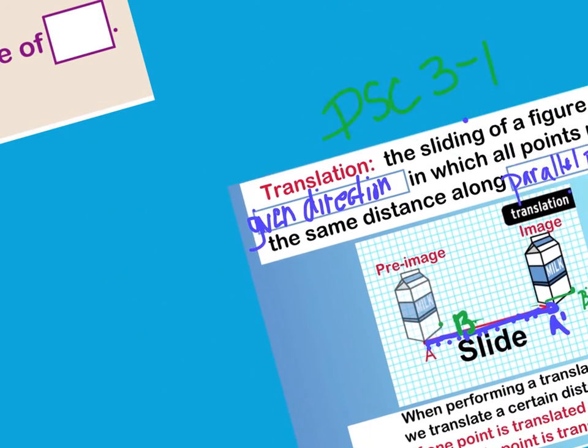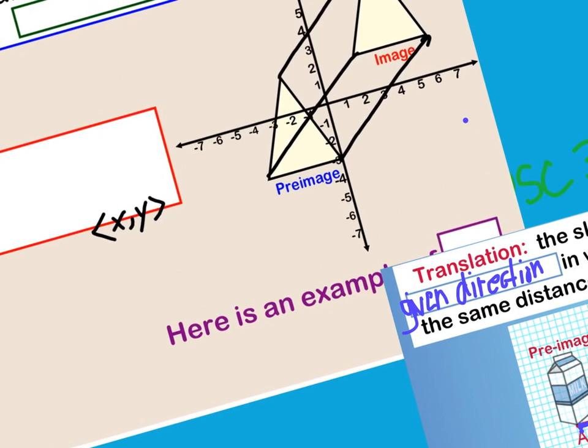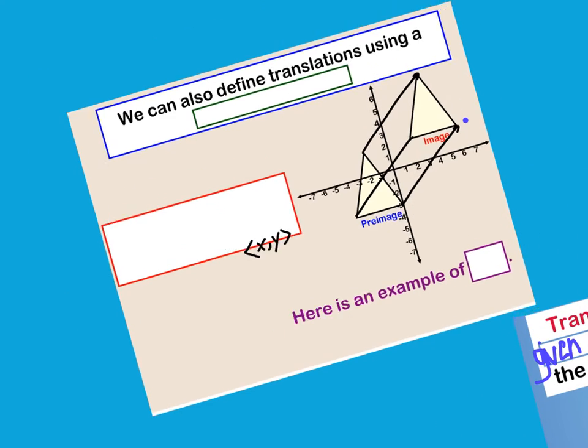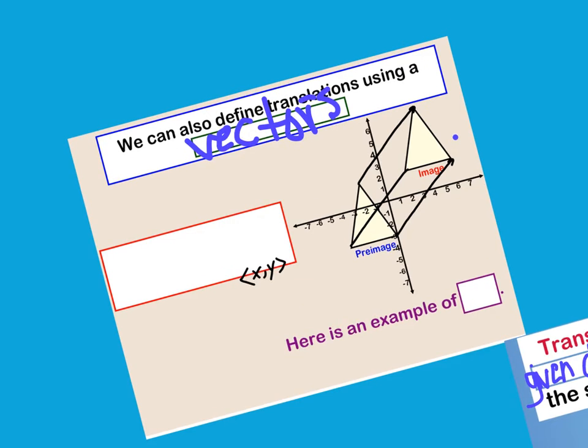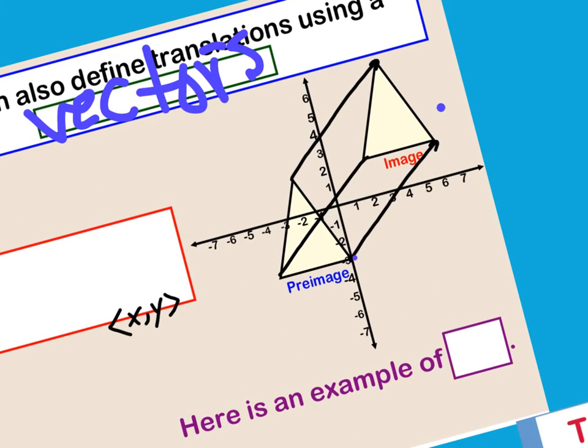Sometimes it's easier to think about translation as a vector. So you can also describe translations using vectors. And a vector is just an arrow on a coordinate grid. This particular vector for sliding the pre-image to the image goes over, let's see, this is at 0.